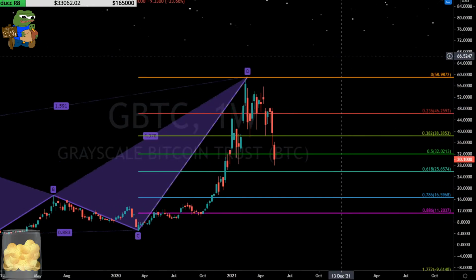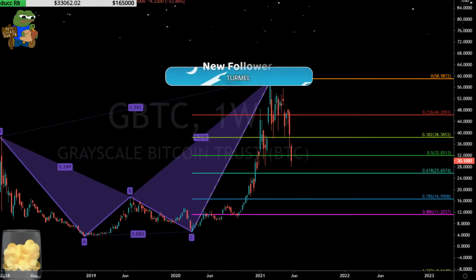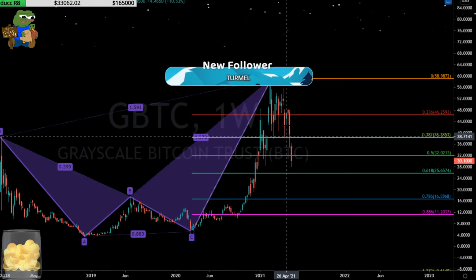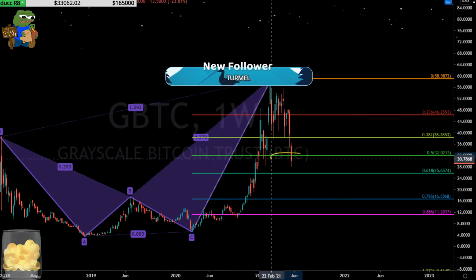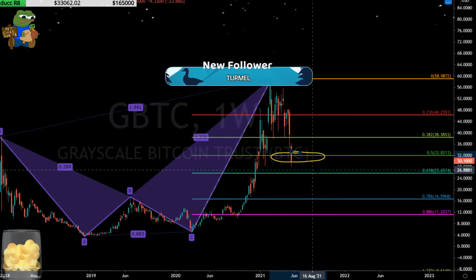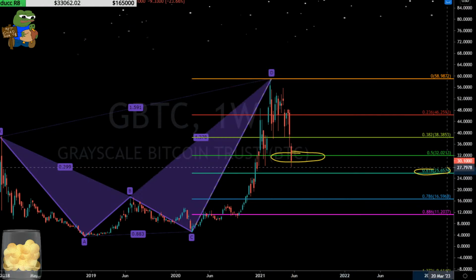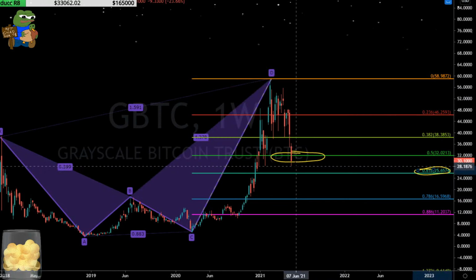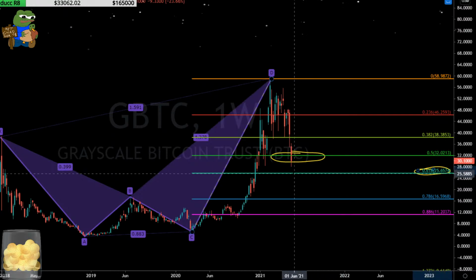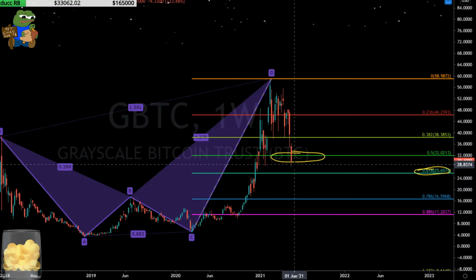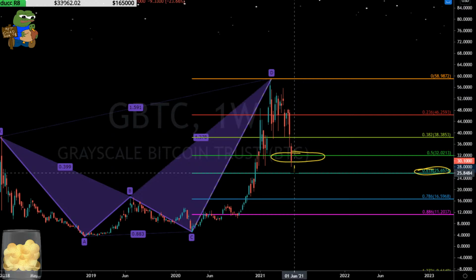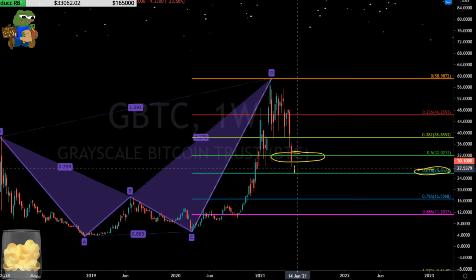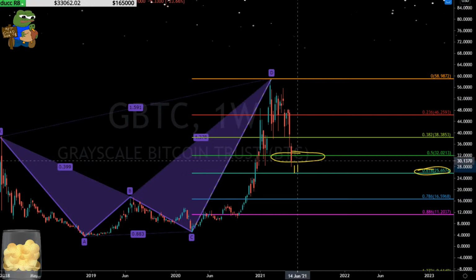We have a 50% retracement area on the weekly. Okay, we hit the 50. This is the 618 that we were talking about, that $26 area that I'm saying: you gap down, you hit it, and you come right back up, okay? And you fill this gap right above you.